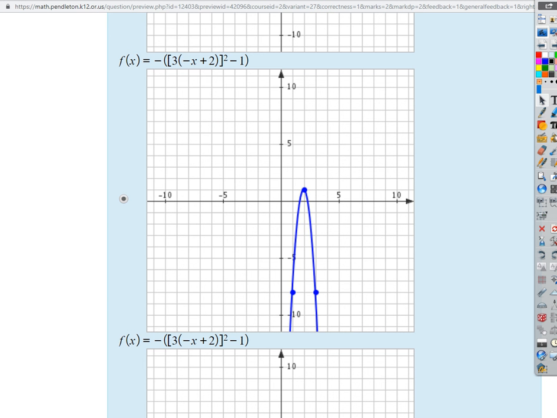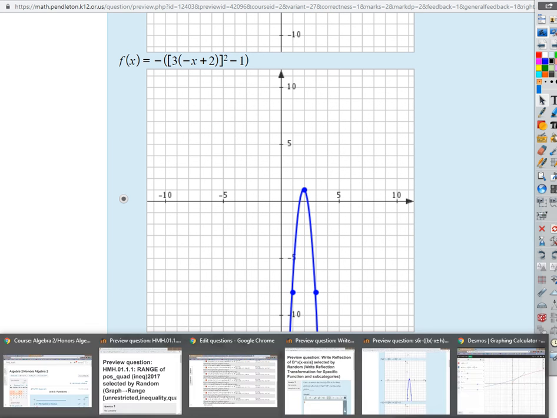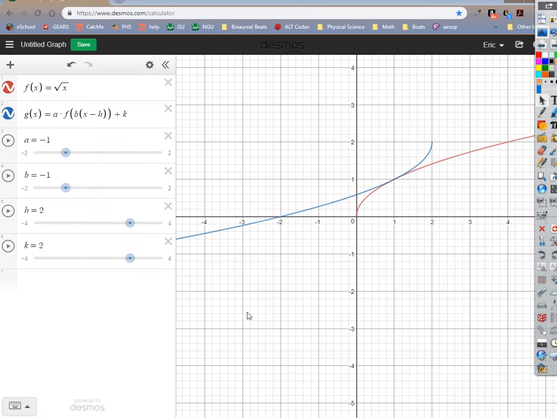Or if I do this, okay, so let's do this. We're taking away any translations, right? All we're going to do is a horizontal, we're just going to multiply by negative 1, right?